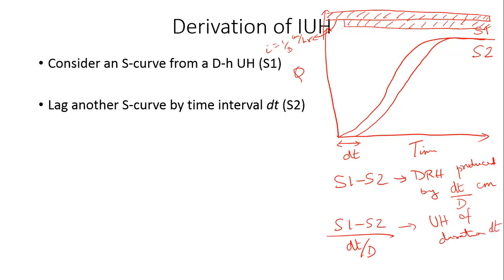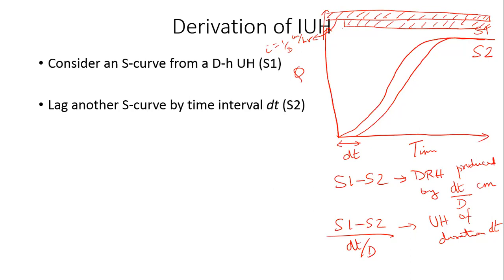So that's all I'm doing. I'm taking my S curve, lagging it by some duration dt, subtracting the two S curves, S1 minus S2. I get a direct runoff hydrograph of some effective rainfall depth. I divide by that depth, I obtain the unit hydrograph of that duration equal to dt, right?